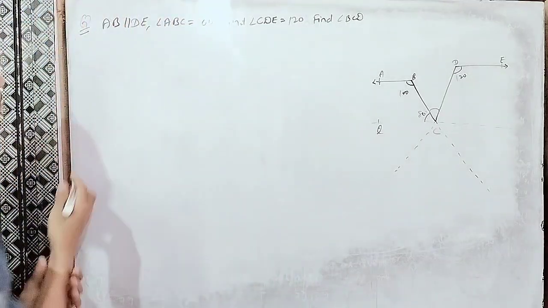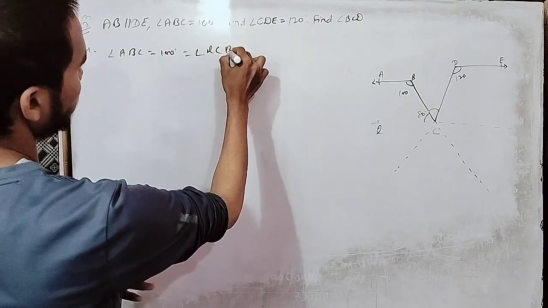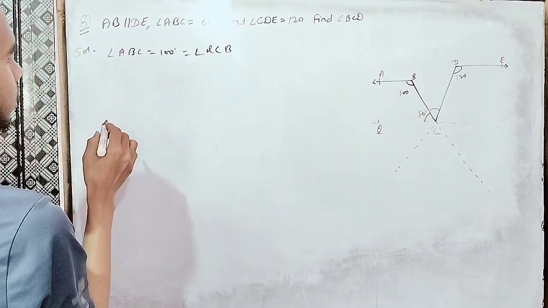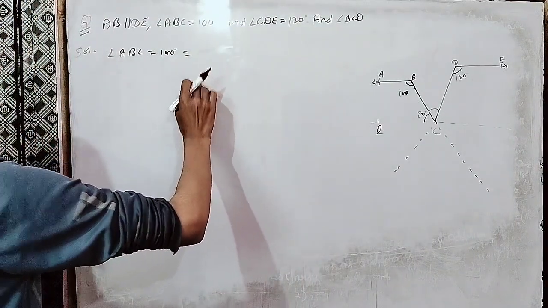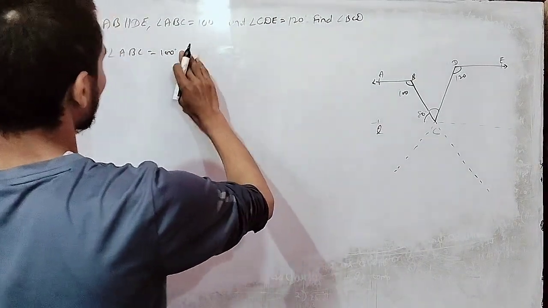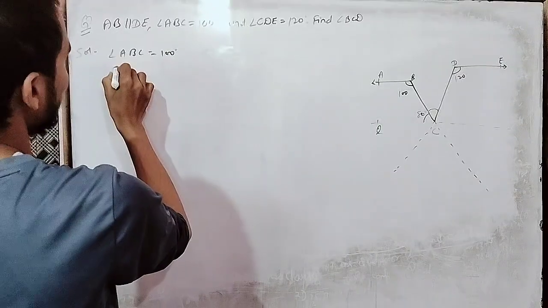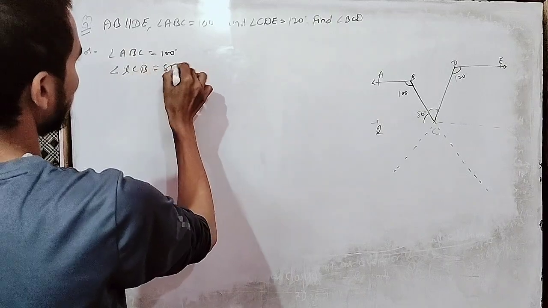We can easily say the sum of angle A, which is 100, and LCB would be 180. And here we have LCB is 80 degree.